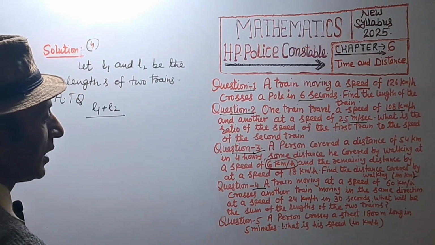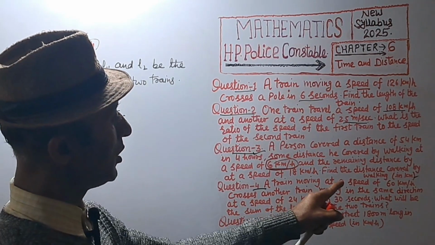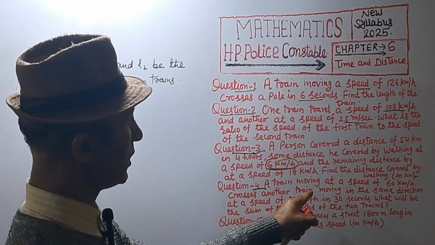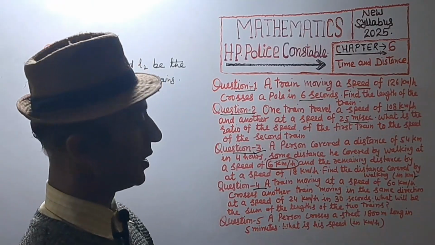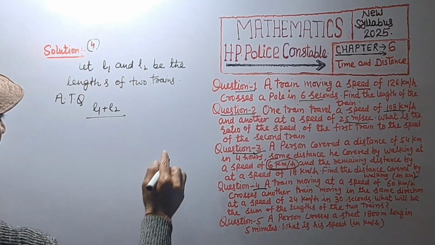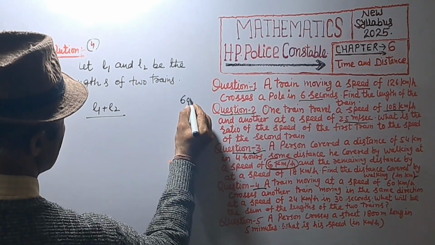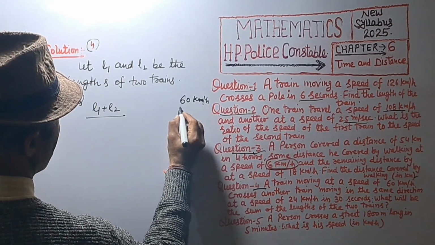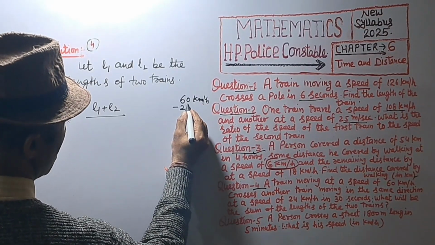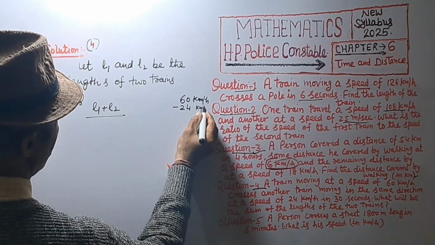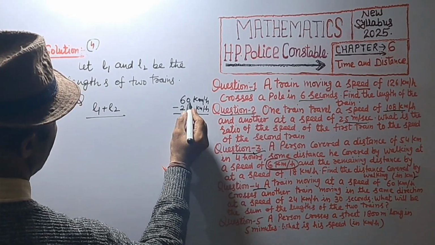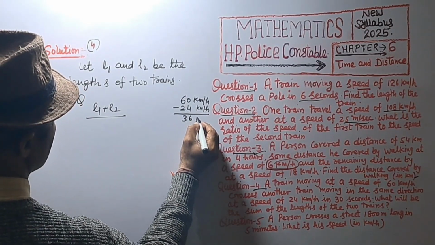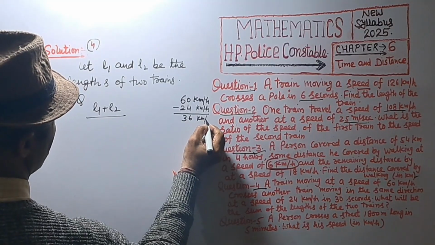If the train moving at a speed of 60 km crosses another train moving in the same direction, in case of same direction, 60 km per hour minus 24 km per hour, subtracting, that is equal to 36 km per hour.